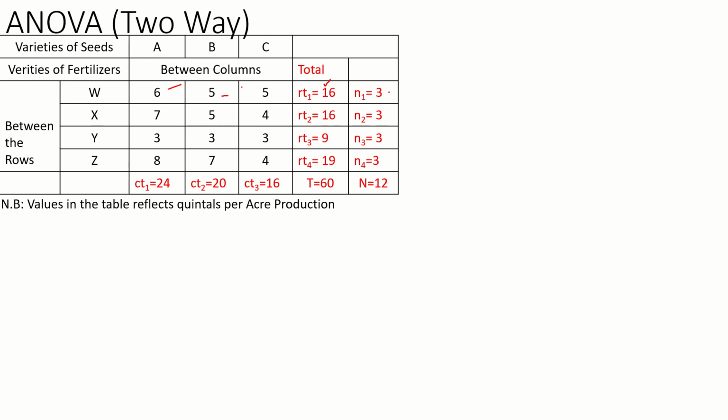Therefore, here it is n, you can call it Rn, row 1 to Rn. N means number of samples. If you see it column wise, it is Cn. Cn will obviously be 1, 2, 3, 4. This is 4, we are going to use it.